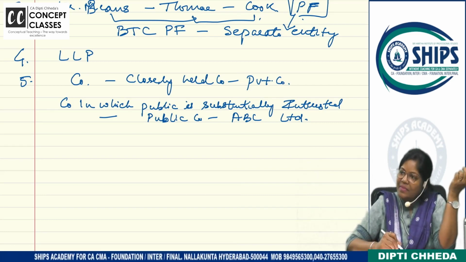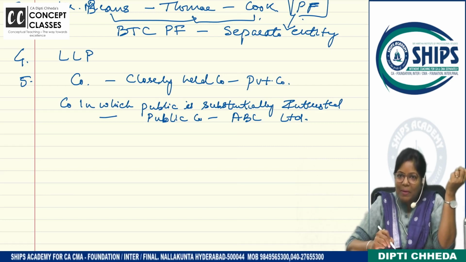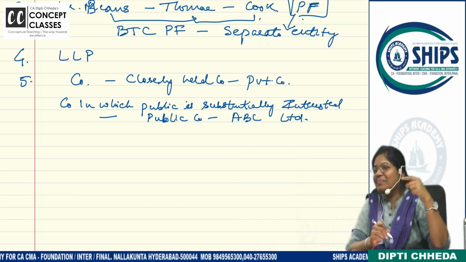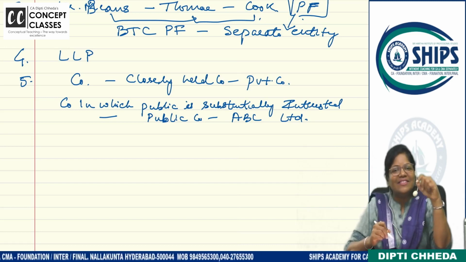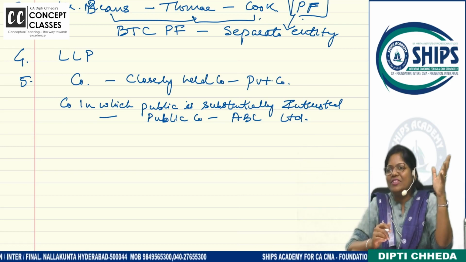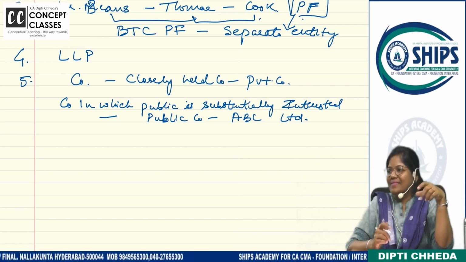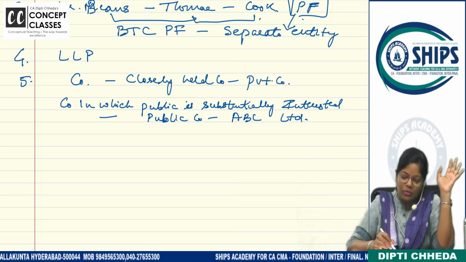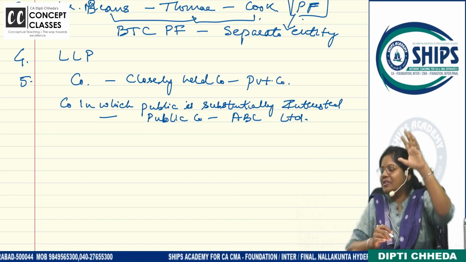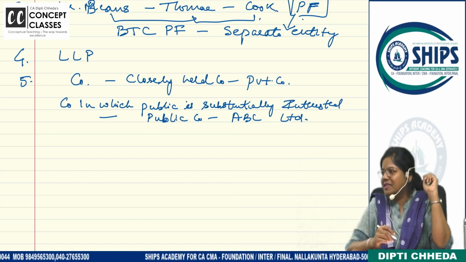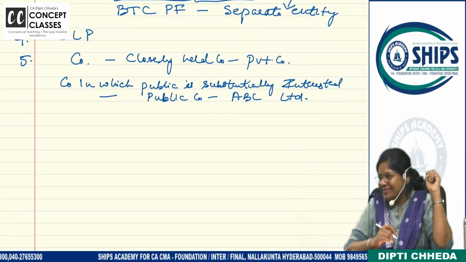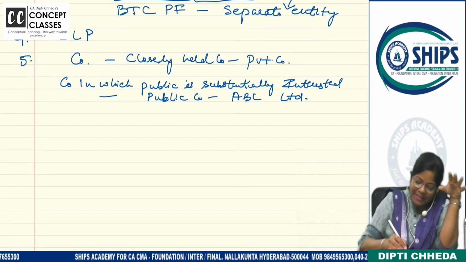A company in which the public is substantially interested means which company? Closely held company. Which company? These terms, like how shares of a closely held company are issued, we will see in one topic called income from other sources. And for public companies, the tax rules we should know. When I say company, it includes all.